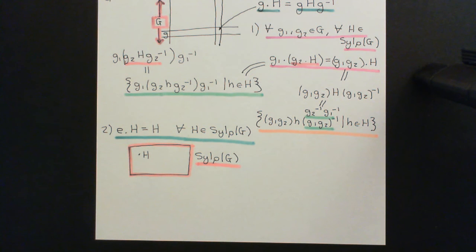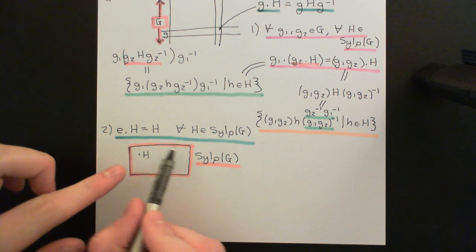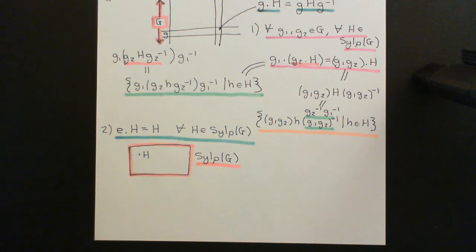Any two Sylow P subgroups are conjugate, so I can always turn this one into any other Sylow P subgroup by picking the element of the group that I'm going to use to conjugate it properly.